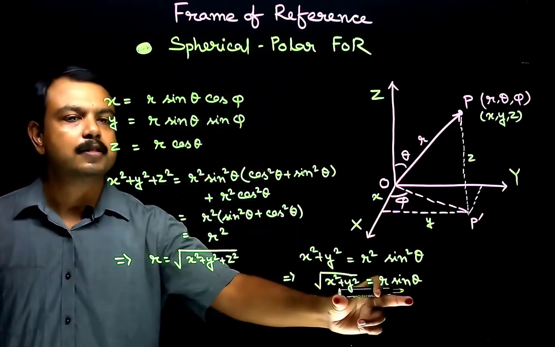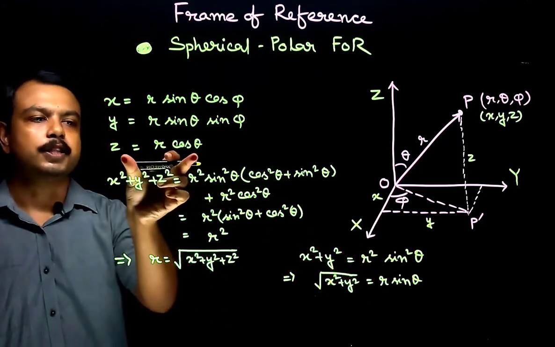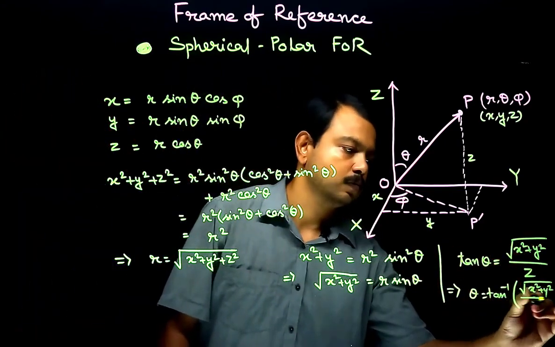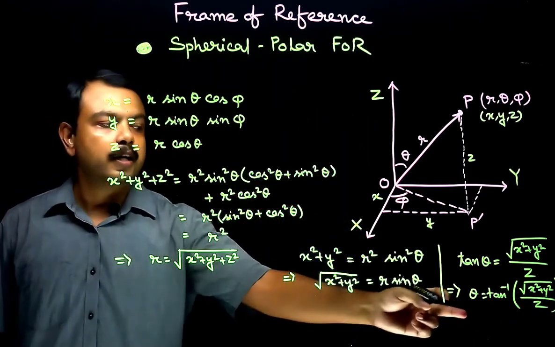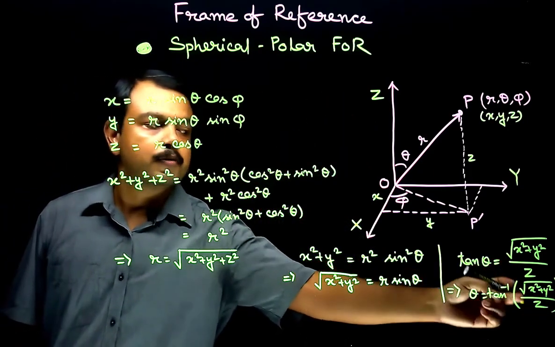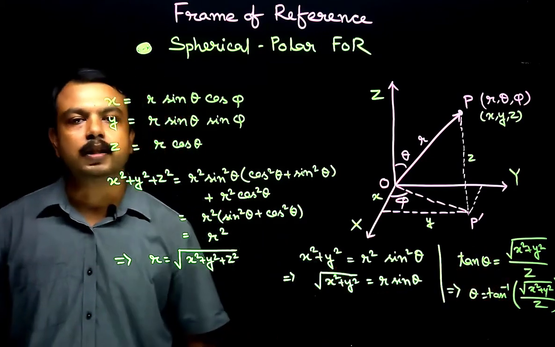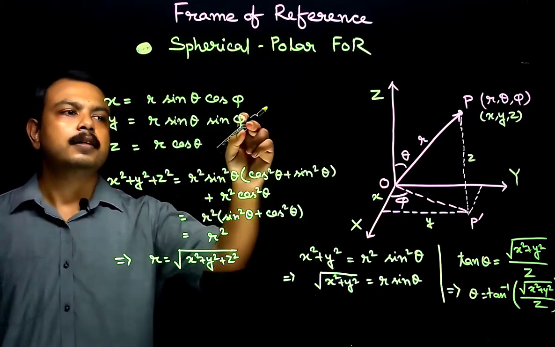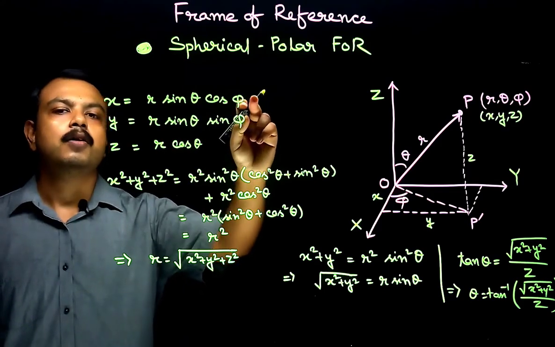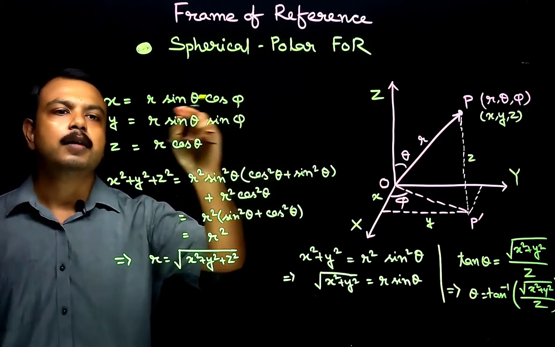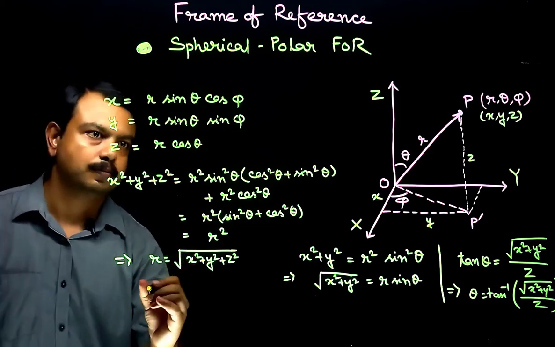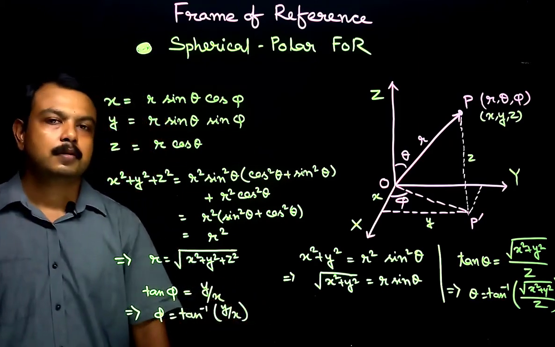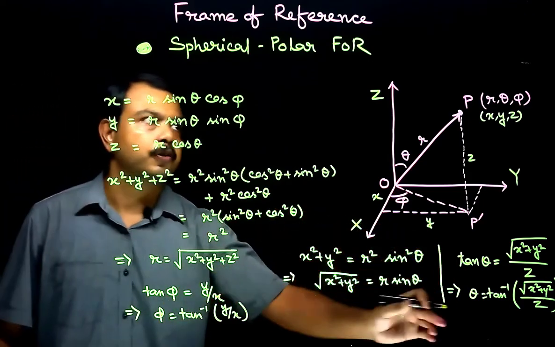Now let's divide this equation by this equation. This is how we can represent theta in terms of various Cartesian coordinates. Now if I divide this equation by this equation, we can represent phi in terms of y by x. So let me write them now together.